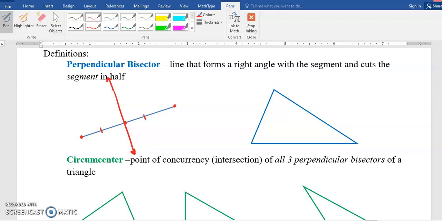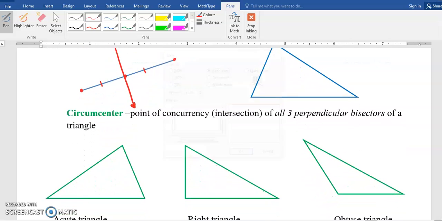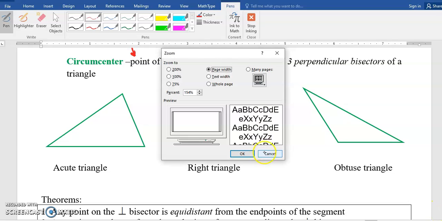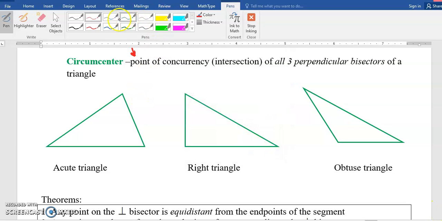I'm just going to move down here to the set of diagrams. So if I use each of these triangles and I do the perpendicular bisectors of each side, I'm just going to eyeball it. Bisect, go perpendicular. Bisect, go perpendicular.